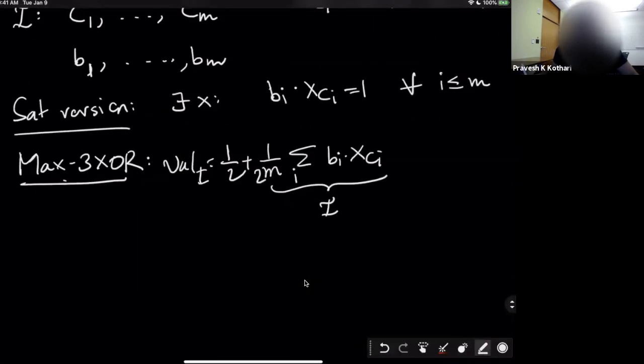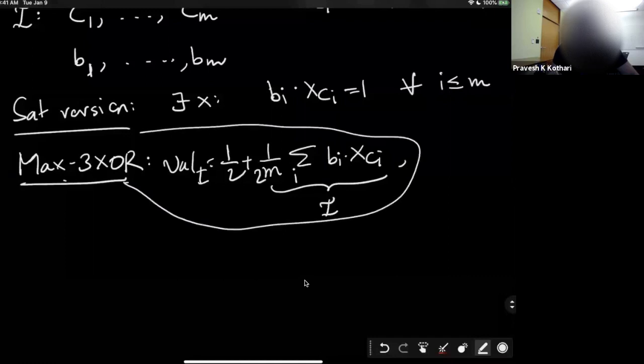And we looked at the problem of approximating val I or proving good upper bounds on val I, right? Good. So instead of looking at the max 3 XOR problem, let's look at the satisfiability version for a second. Let's continue to look at it anyway.